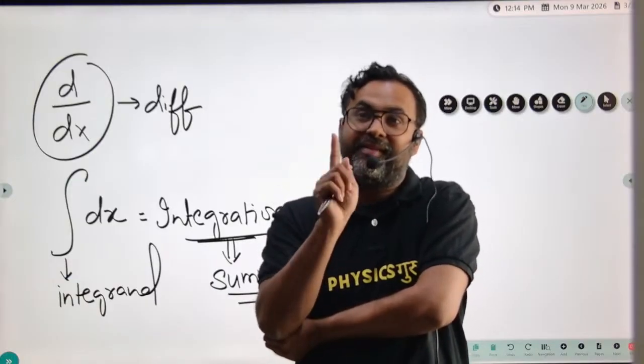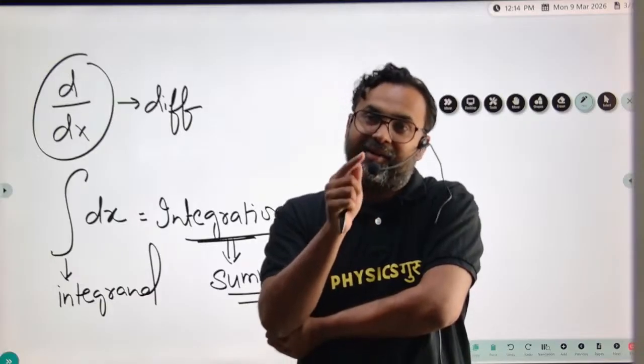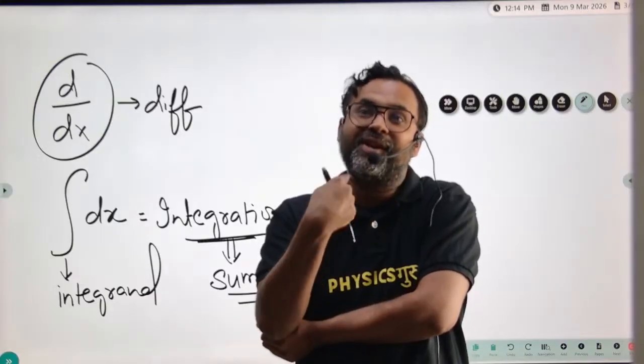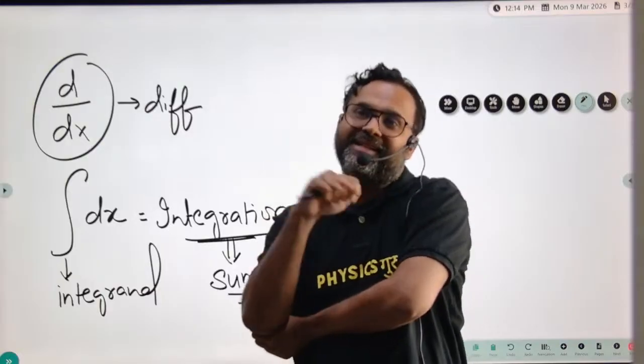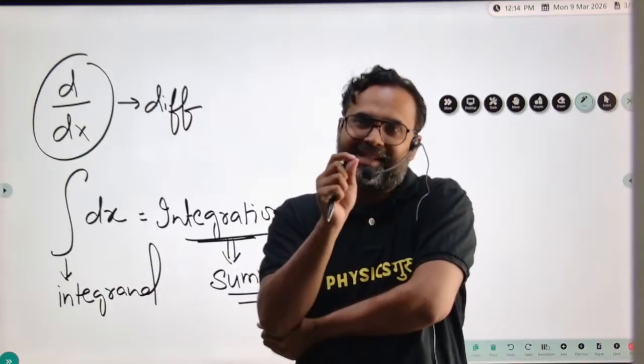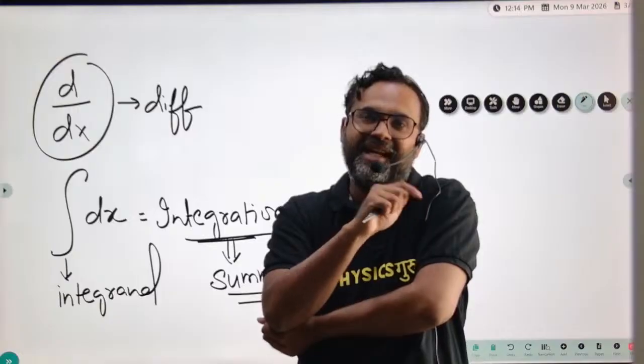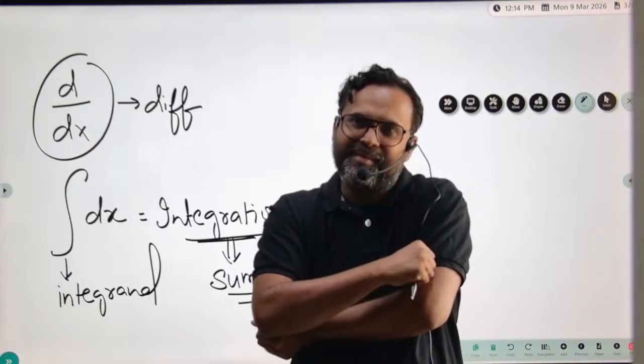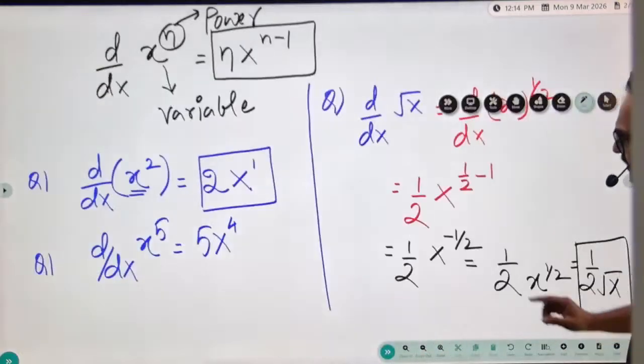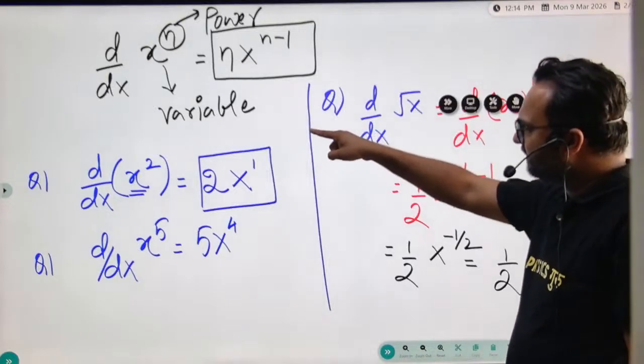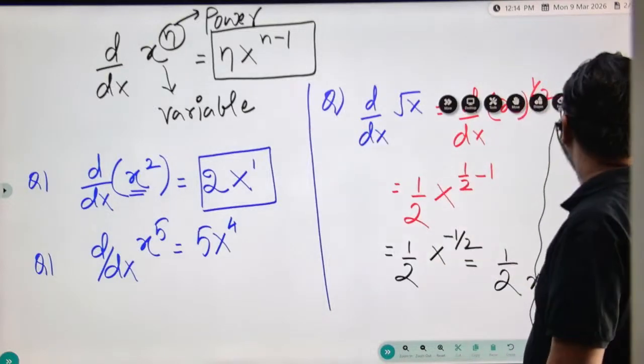In the last session we did average speed, right? Now the next article we have to study is average velocity. For that I need this. So today's session is based on the tools that we will use, right? Is the concept clear, how to differentiate? This is a simple page.